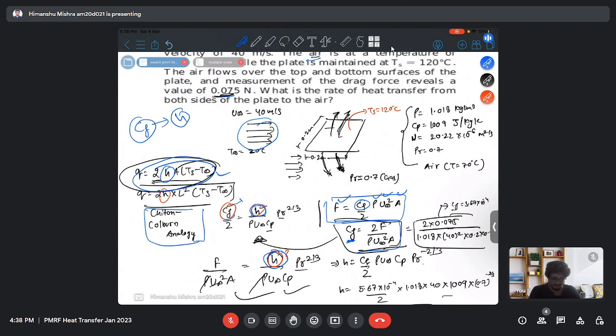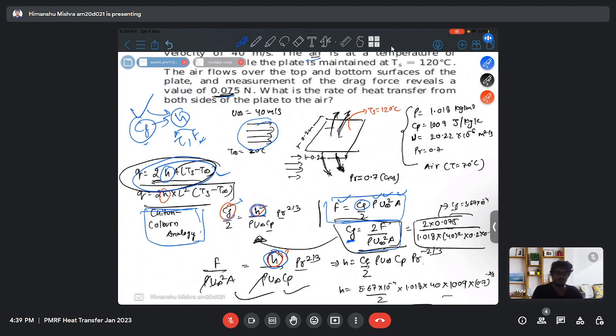So in case you are given some shear stress or drag force, or the stress caused by air when it is hitting the surface, which is the shear stress due to this drag force itself, in that case only you can use this relation. You can find the drag force coefficient, and then from there you can find the heat transfer coefficient.